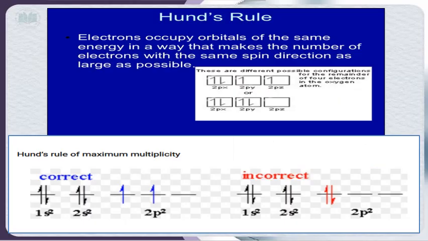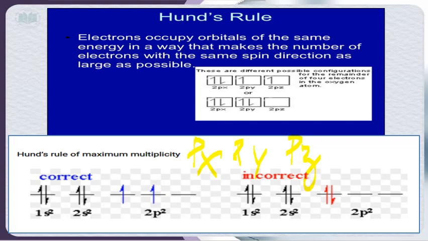Now the next one is Hund's rule. Hund's rule says if degenerate orbitals are available, then each will be filled singly first and then pairing will be done, right? Now, how to explain it? You are familiar with the p orbital being further subdivided into px, py and pz. Only their orientations are different but their energies are the same. They all belong to one subshell, that is p.